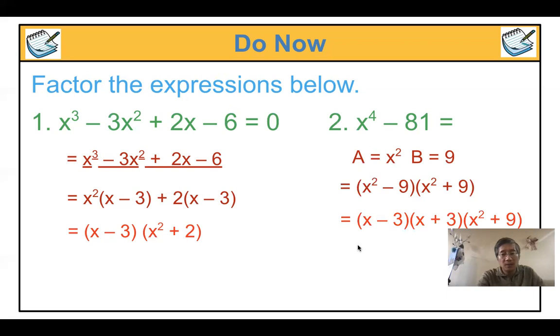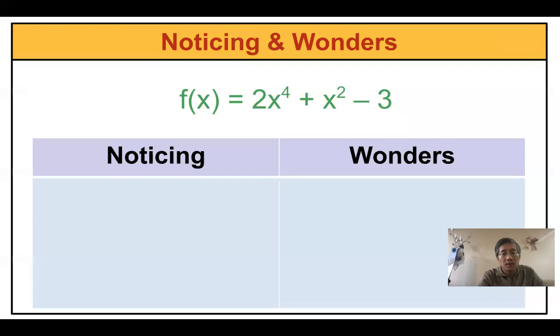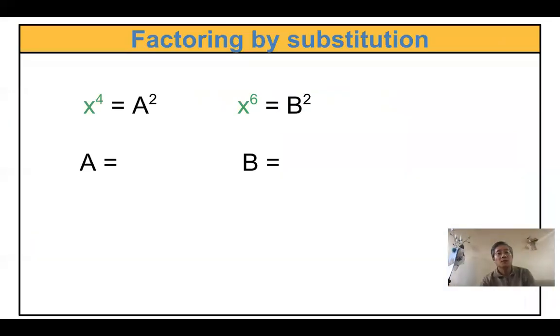Today's lesson is very similar. So we learn: I just briefly mentioned that x to the fourth power is x squared squared. If we say that x to the fourth power is a squared, then what can a be? It's x squared, right?